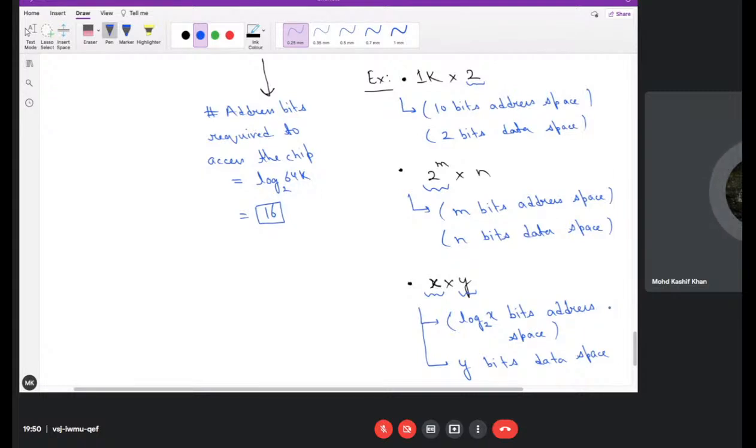Just write down all these examples. This is the way to write the configuration and the generalized way. Okay.